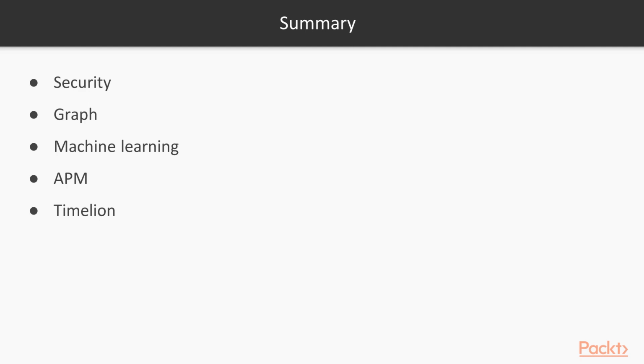We looked at machine learning to find the anomalies in our data set for counting New York restaurant inspections, and that machine learning shows us the patterns that the computer could find that we probably wouldn't find. We looked at APM, or the Application Performance Management module, and how we wired in some code to our Python script or our Python application to get metrics into Elasticsearch. And then finally, we just finished looking at Timelion, or the time series analysis.